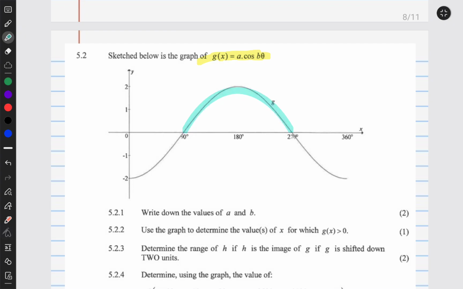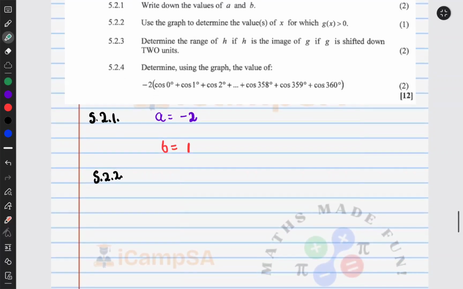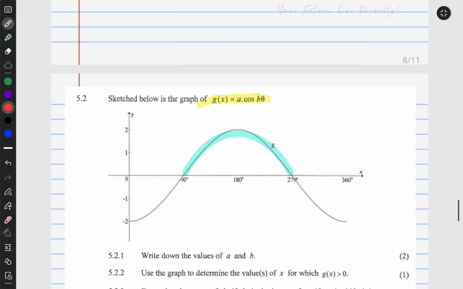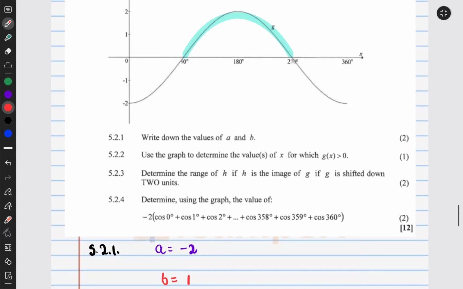And we see that is from 90 degrees to 270 degrees. So we're going to say the answer is where x is greater than 90 degrees but less than 270 degrees. That is where the function would be greater than 0.